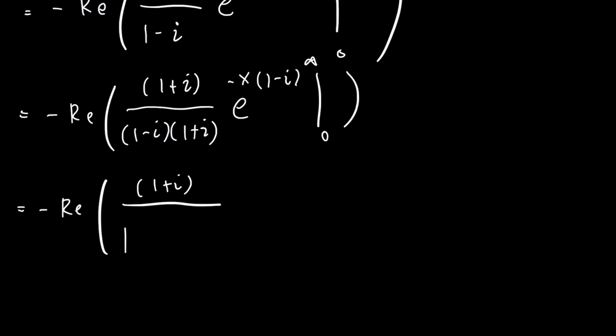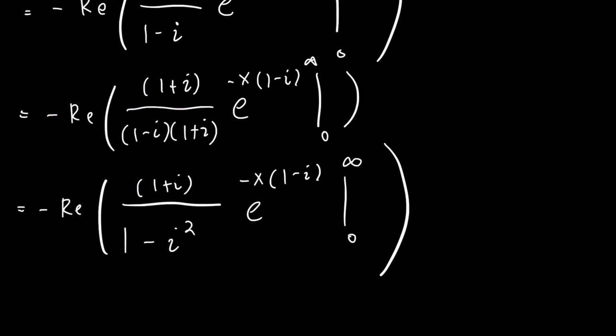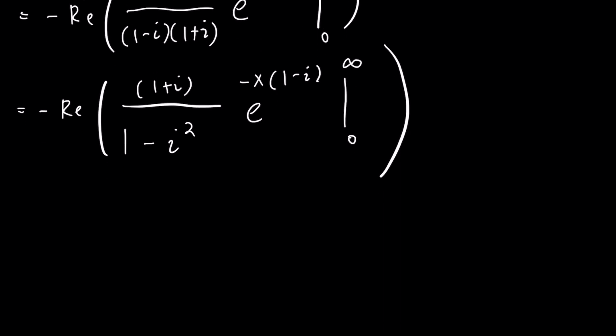We have i times i, but negative, so minus i squared e to the minus x times 1 minus i from 0 to infinity. And we know that i squared is minus 1, but the negatives cancel to a positive 1, which becomes a 2.